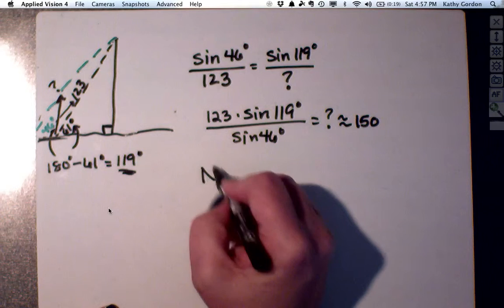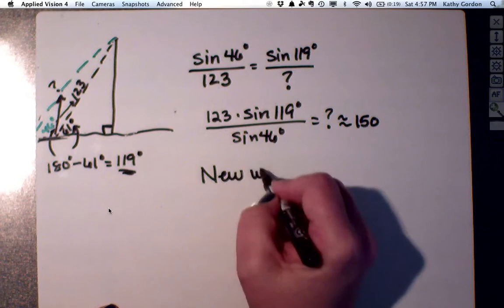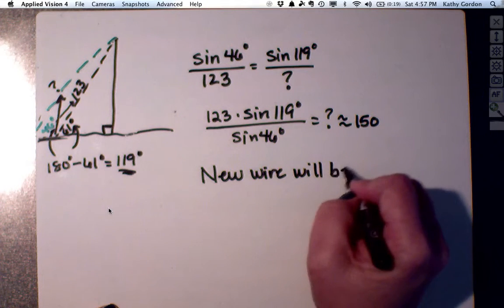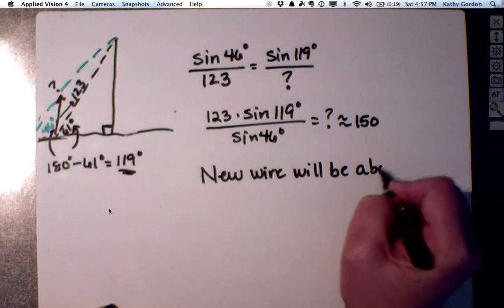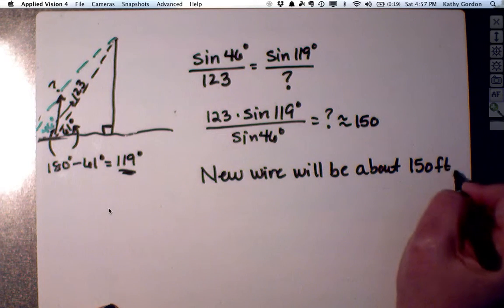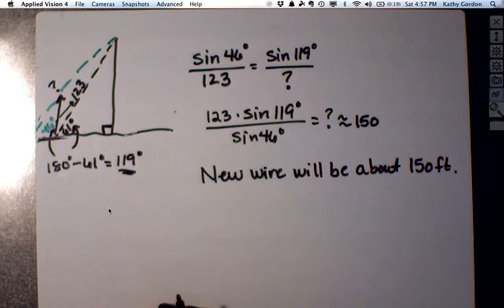Okay, so we would expect that the new wire will be about 150 feet. And again, we're just using the law of sines as the way to set up a problem like that.